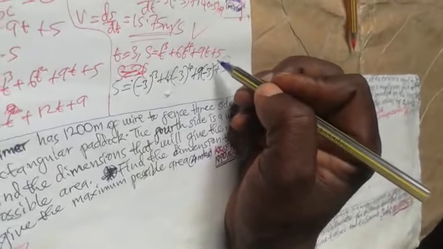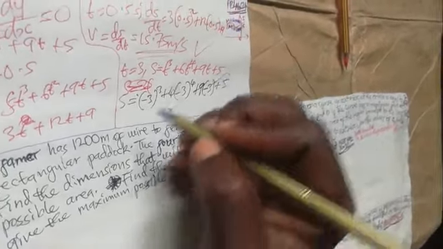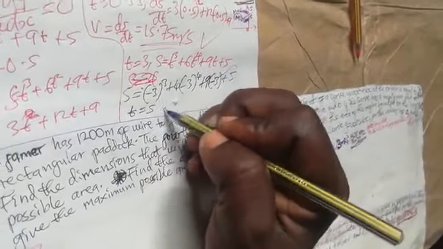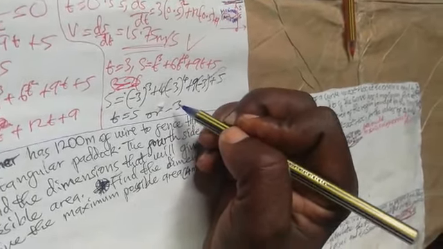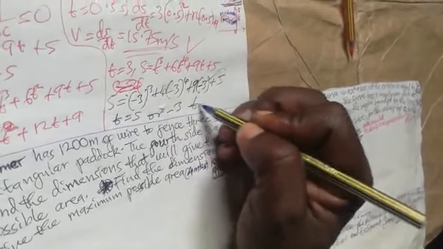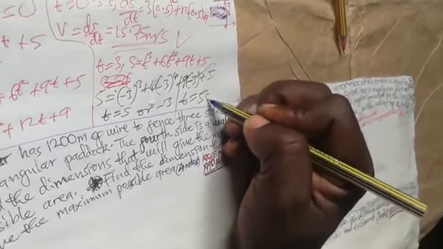By solving the quadratic equation, you will realize that t is 5 or -3. Since time cannot be negative, hence time will be 5 seconds.